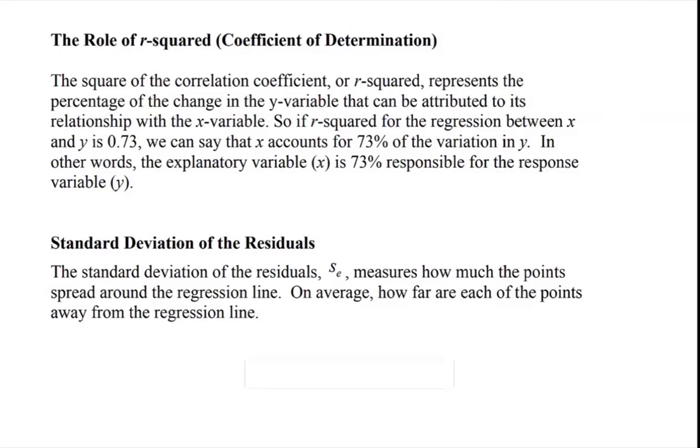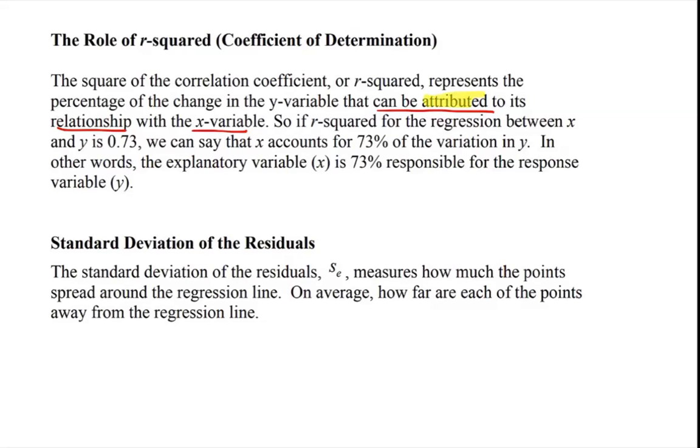My watch was listening to me, which is kind of scary. The square of the correlation coefficient, or R squared, represents the percentage of change in the Y variable that can be, here we go, this is the main part right here, that can be attributed to its relationship with the X variable. So the big word in this is attributed.